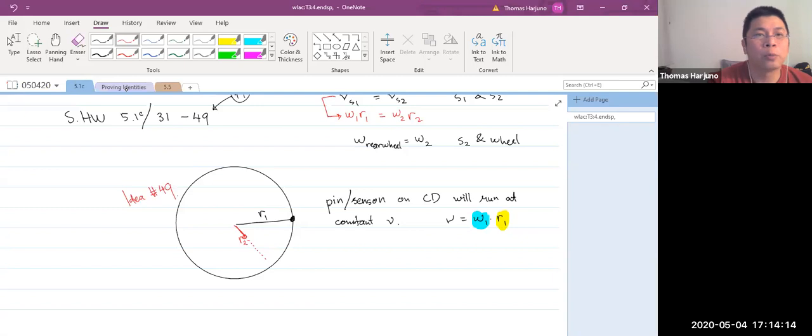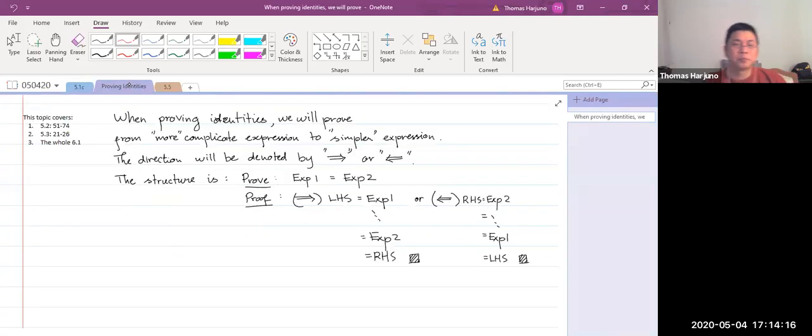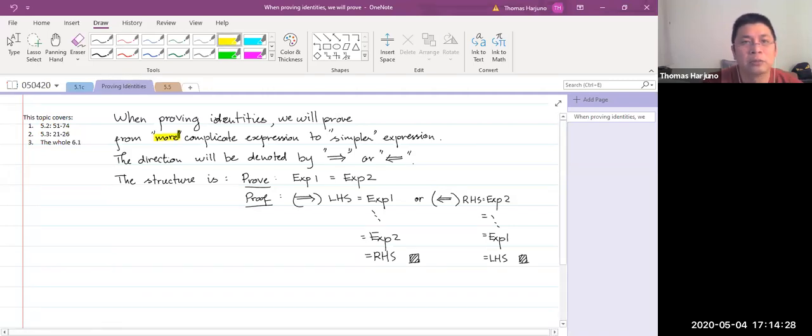Now let's go on to proving identities. Now in proving identities, we will prove from the more complicated expression to the simpler one. Okay. Now, what is an identity?